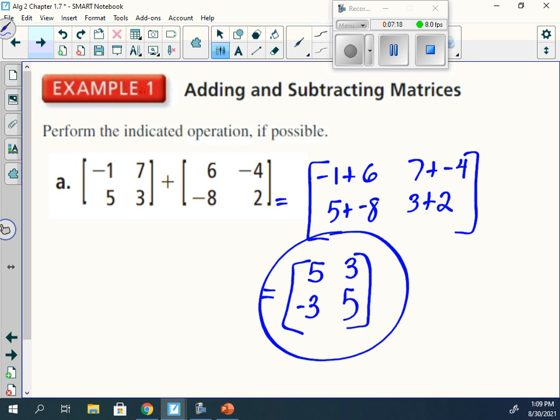And that there is the answer. Any questions on this here? All right, let's look at the next one.